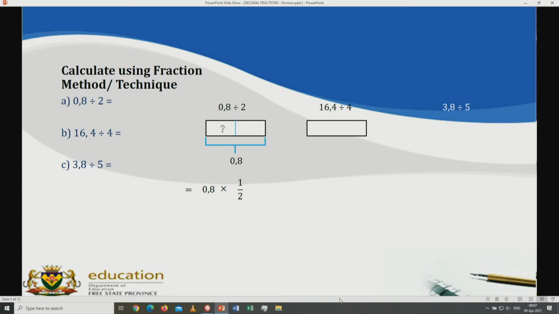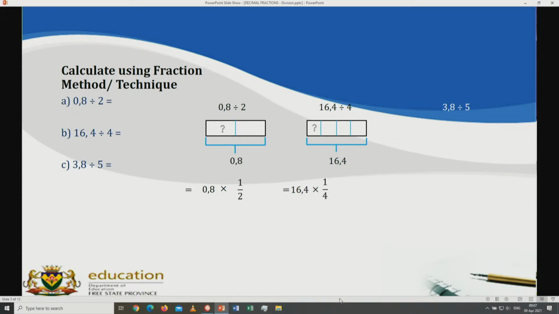The same can be said with 16,4. Dividing it by 4 means that we are going to share it into 4 equal parts. And what do we know about one part of these 4 equal parts? It's a quarter. Therefore, we want to know the quarter of 16,4.